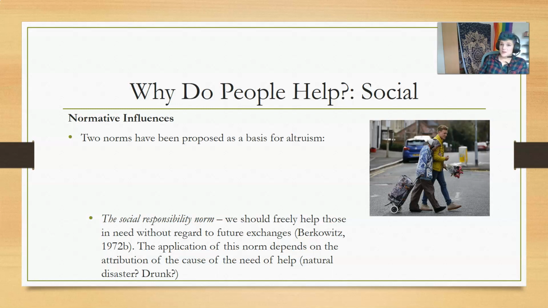Or it could be because they're a young guy and they're really drunk after a night out. So the application of this social responsibility is entirely dependent on whether or not you attribute their need for help to be internal and their own fault, or external and therefore in need of your help.